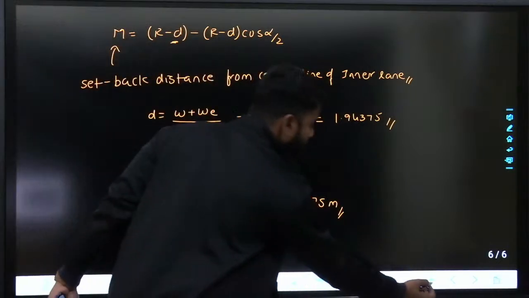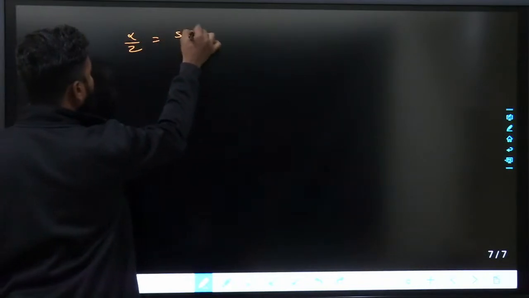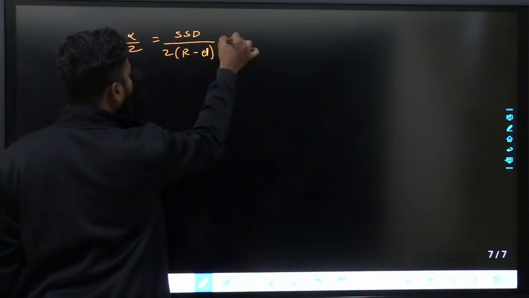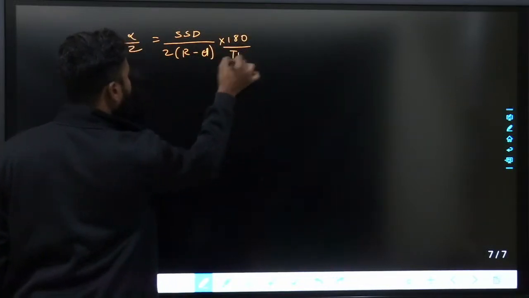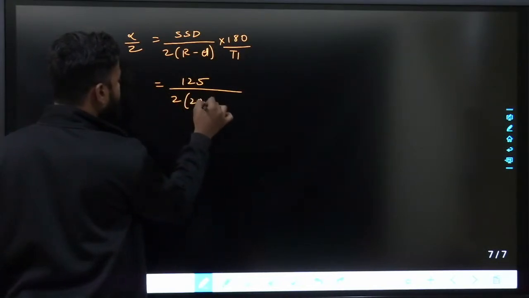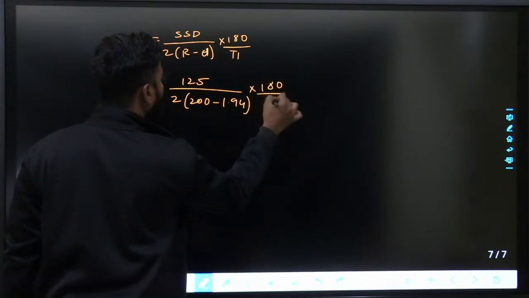That is the value of D, and alpha by 2. Alpha by 2 would be equals to SSD upon 2 into R minus D into 180 by pi. The stopping sight distance is 125. This is 125 upon 2 into 200 minus 1.94 into 180 upon pi.